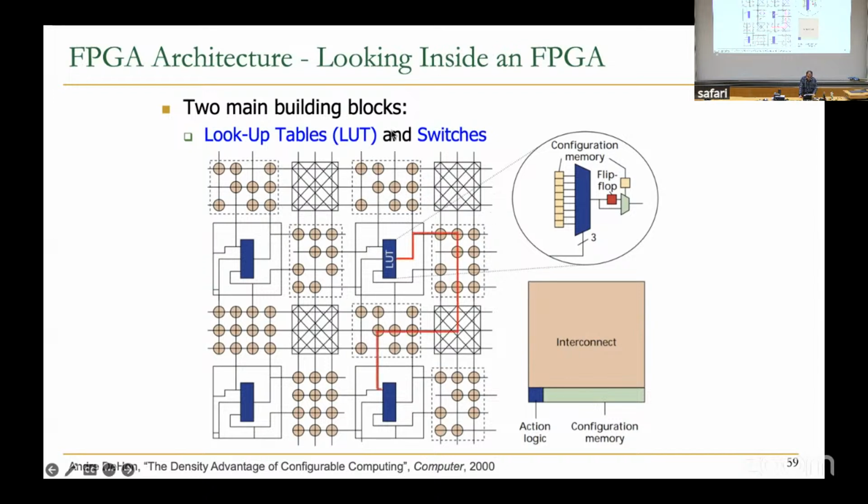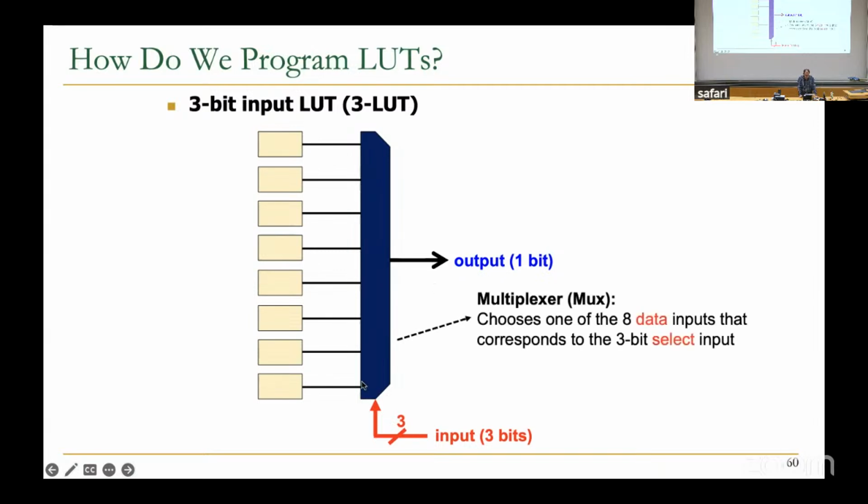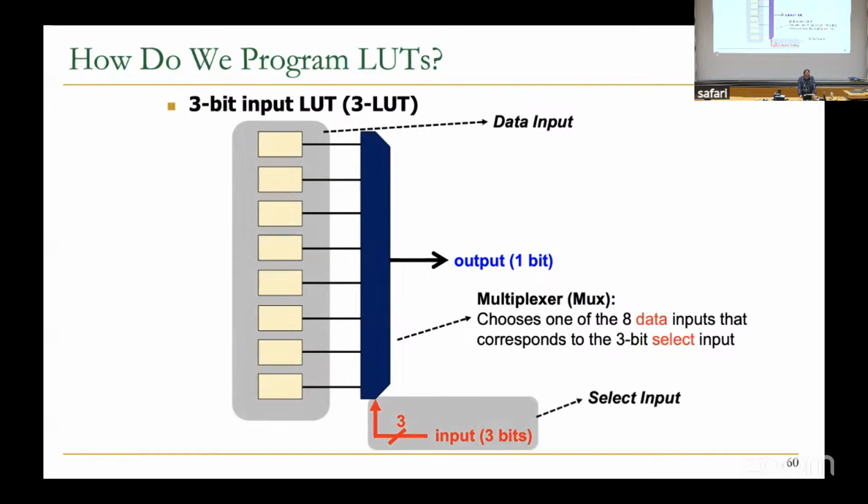And then you also have switches that you can configure in order to make connections. So this is a 3-bit input LUT that provides 1-bit output, and it can implement any 3-input function, as you know. I think this is already familiar to you from the lectures of Professor Mutlu.